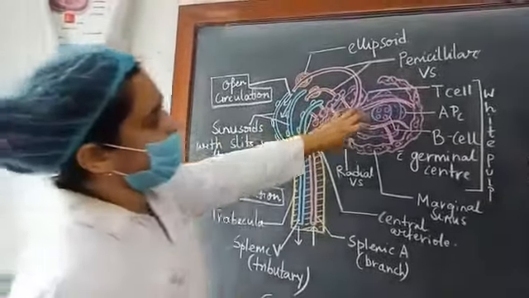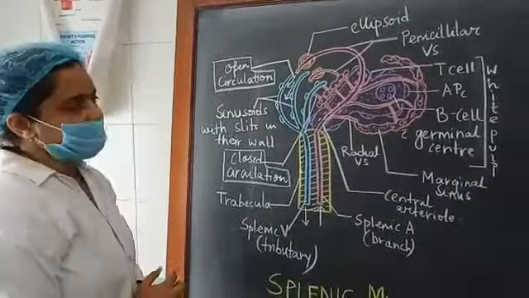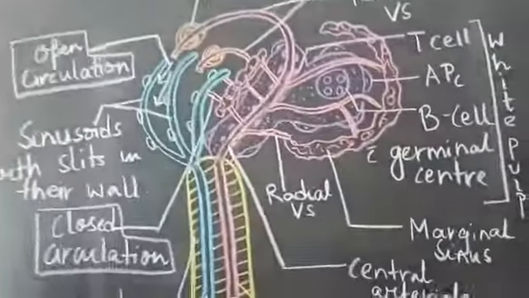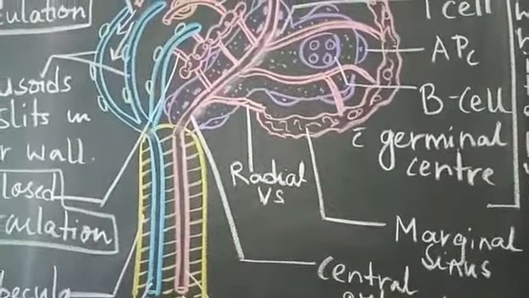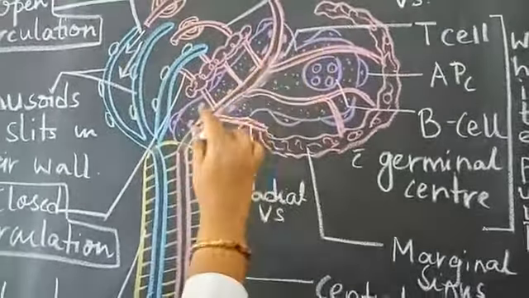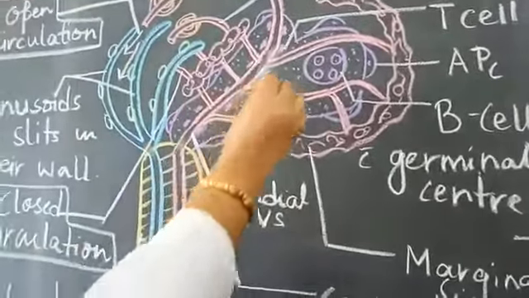Because they comprise various types of T and B lymphocytes, under low power they appear as aggregations of purple dots. Just surrounding these arterioles, it is surrounded by T lymphocytes.